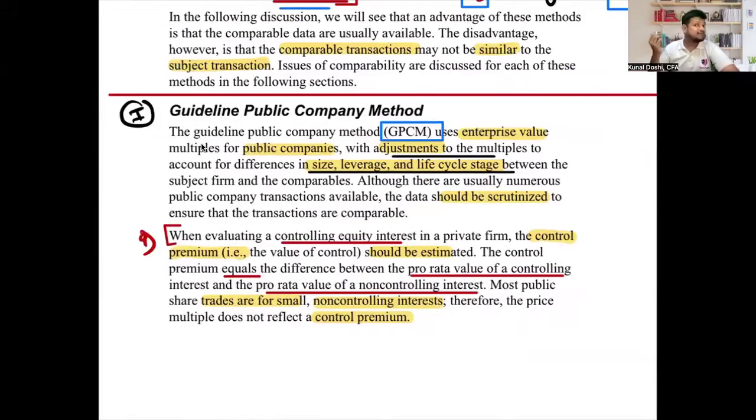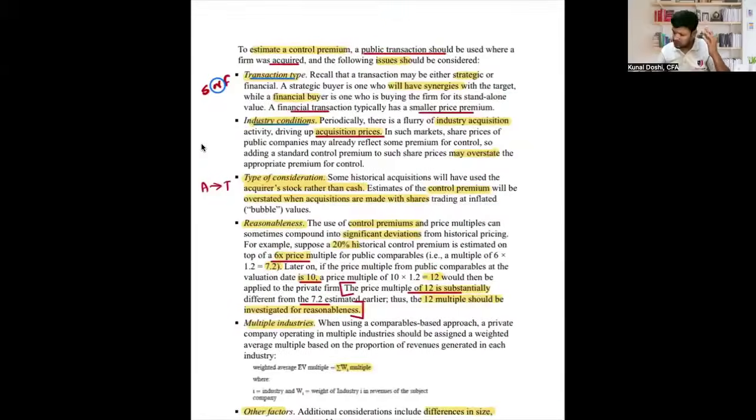But apart from those differences which we already discussed, when we are going to take a controlling stake, we will have to add the control premium, because the public company there might not have a control premium. So control premium needs to be added in this case, if there is going to be a controlling stake, and you need to do the same valuation process.